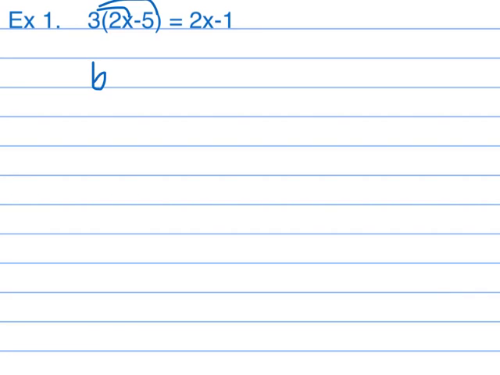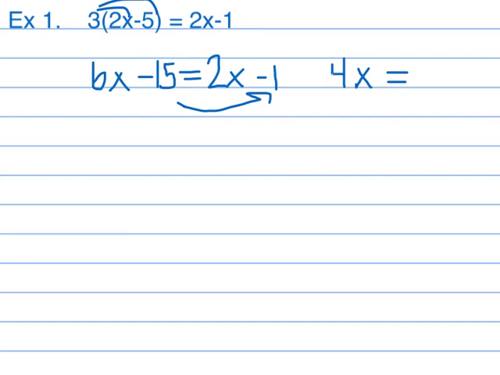So that ends up being 6x minus 15 equals 2x minus 1. Now we're going to combine like terms, so let's subtract that 2x over. So we've got 4x equals, and then we're going to add that 15 over. 4x equals 14. And then let's divide both sides by 4.